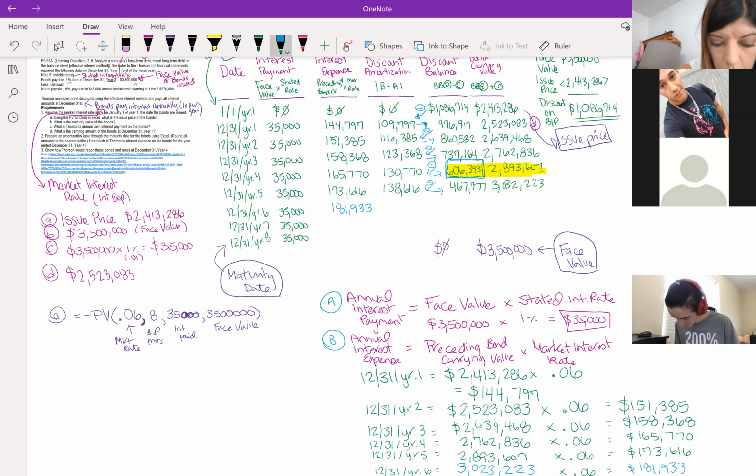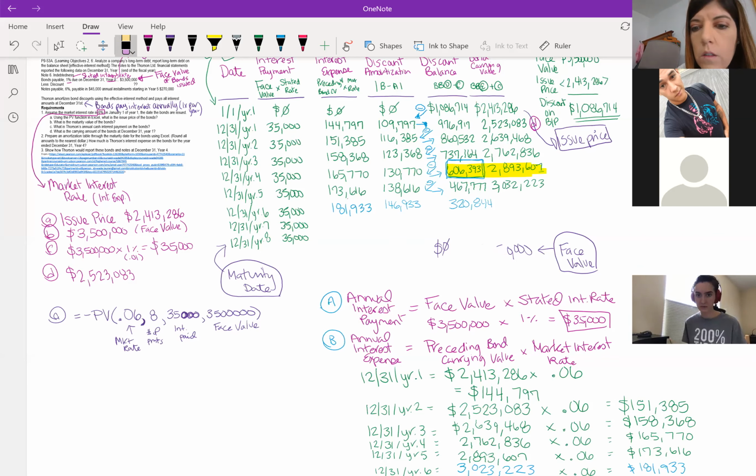The amortization for that year would be $146,933. The discount balance is shrinking, so 467,777 minus 146,933 becomes 320,844.